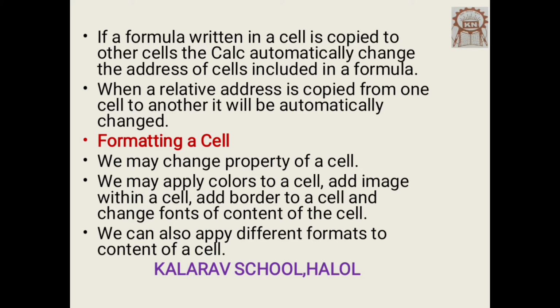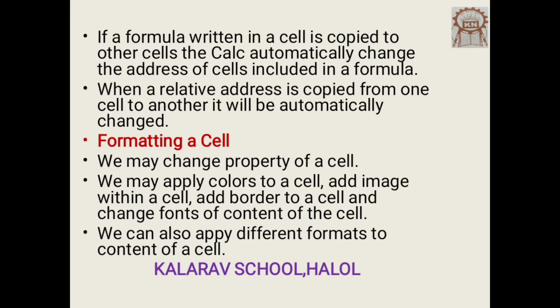We may change properties of a cell. We may apply colors to a cell, add an image within a cell, add borders to a cell, and change the font of the content of the cell.